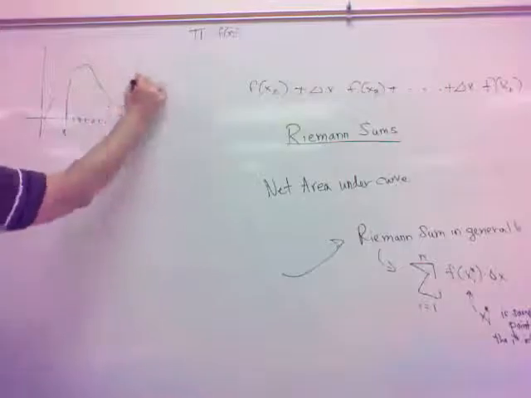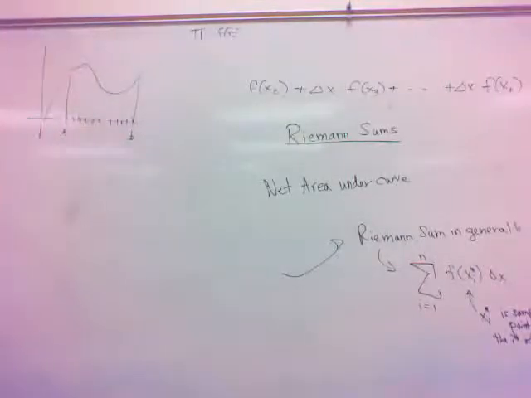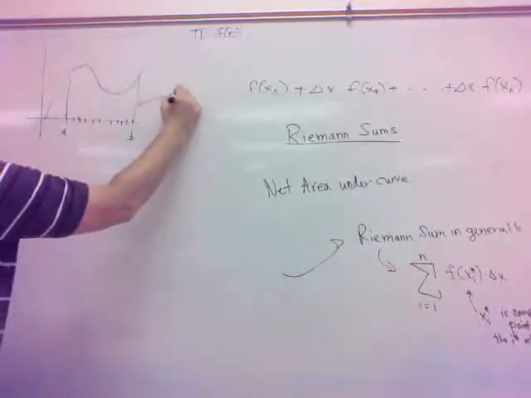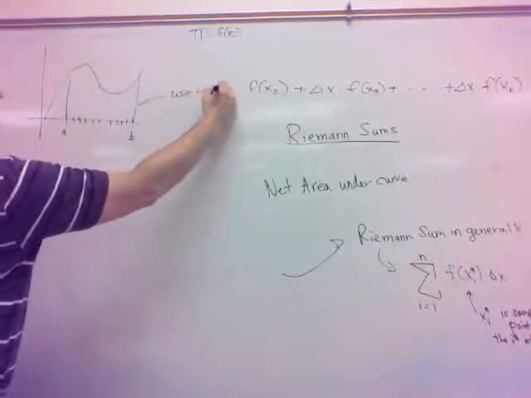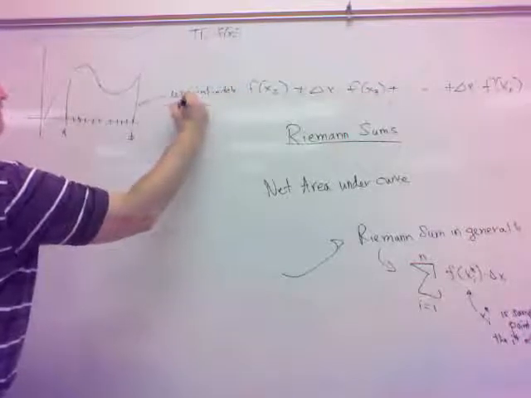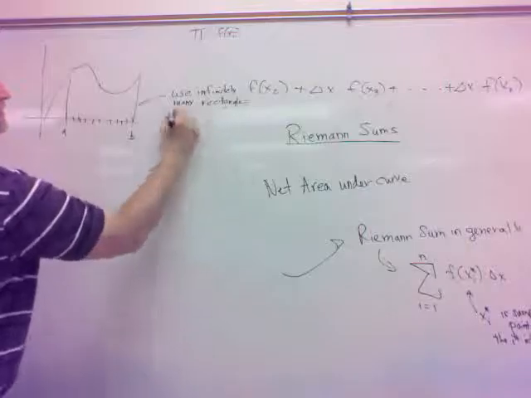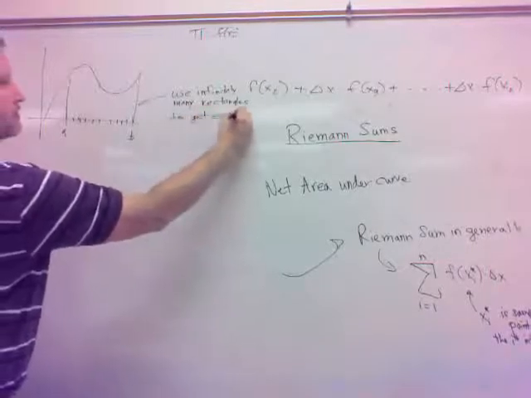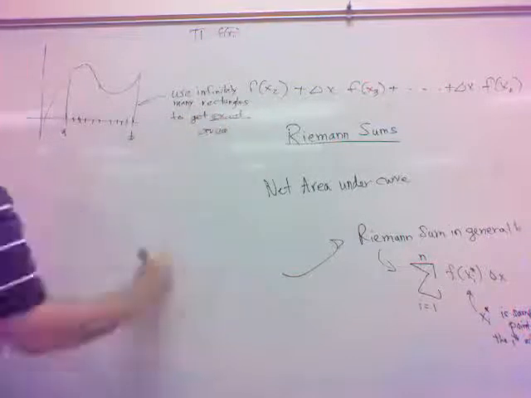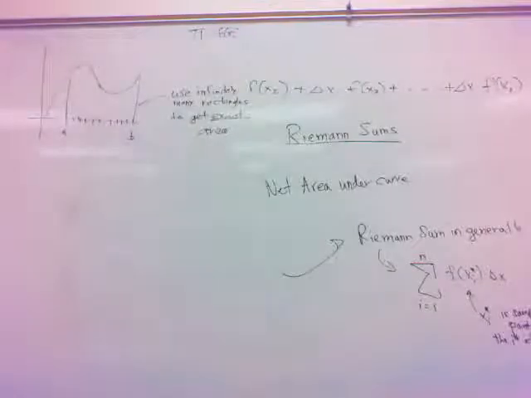If I have infinitely many rectangles, they're so very small, I can't even see the difference from one strip to the next. They're infinitely small. So if I have infinitely many rectangles, that'll get you your exact area, right? Under the curve, between the curve and the x-axis, you know the drill.